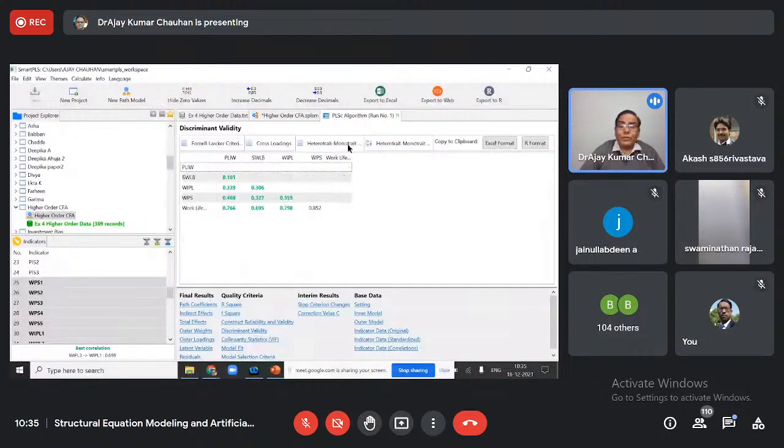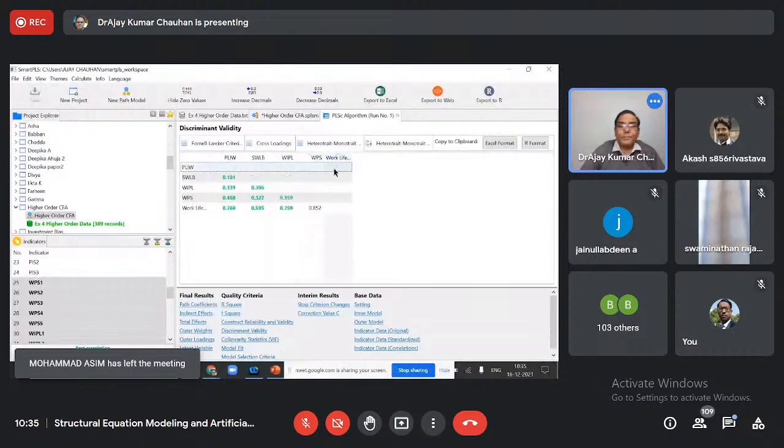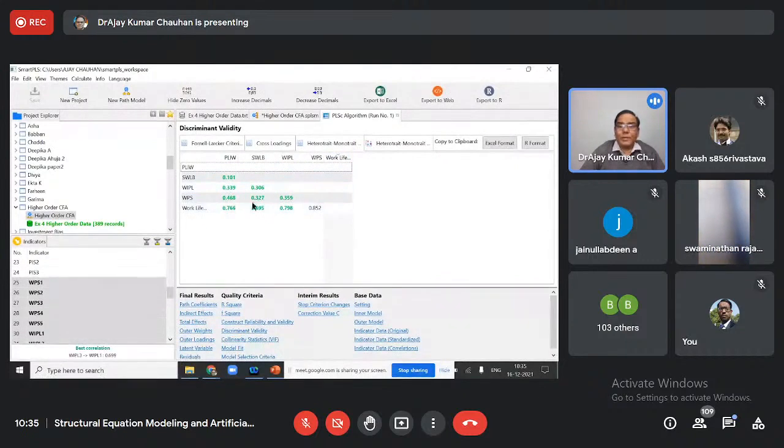And if you click on the heterotrait-monotrait, this value is having a problem. And if you click on PLIW, not a problem. Only this value is a problem. So if you click on all, we don't have much problem except one.